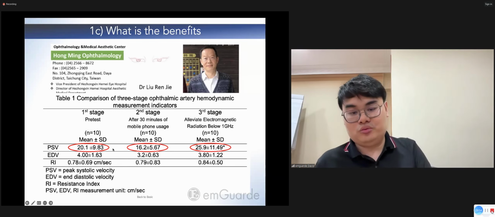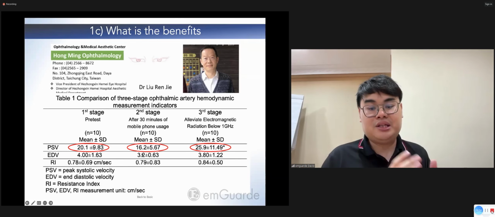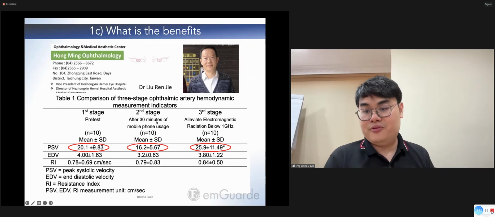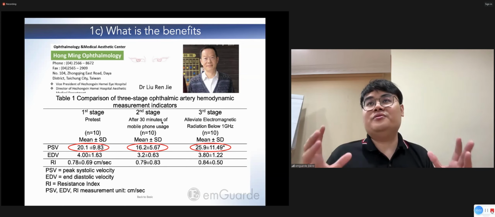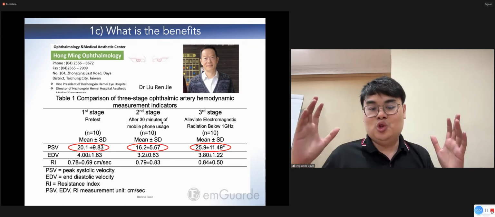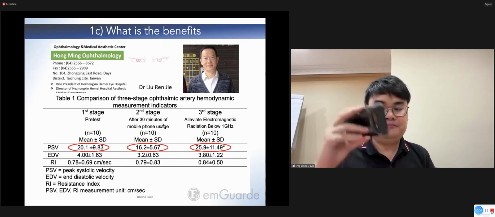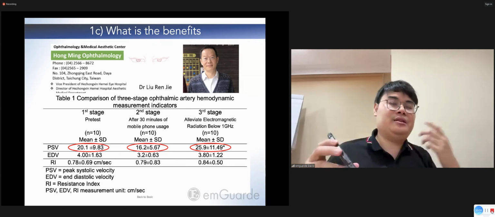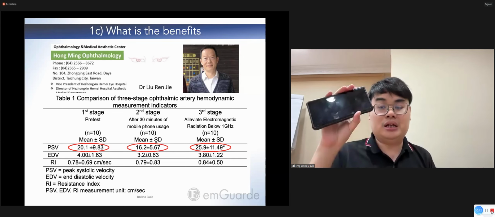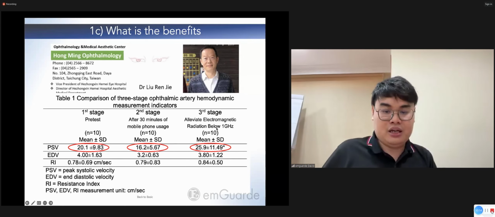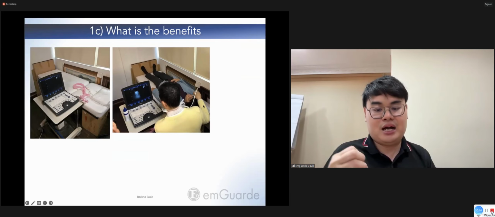Now, stage 2, the second stage: after 30 minutes of using the mobile phone. He asked the 10 subjects to look at the mobile phone for 30 minutes. What I did in my live blood test was 15 or 16 minutes of mobile phone usage, so this one's longer. Immediately he registered the result.